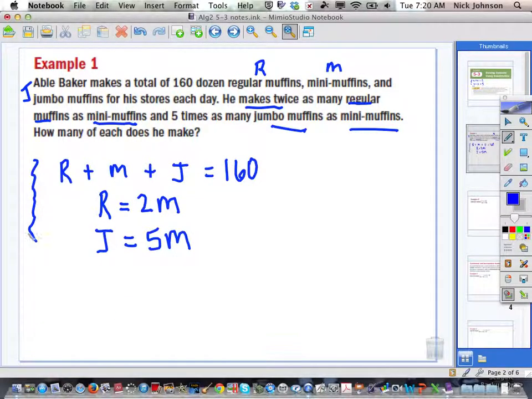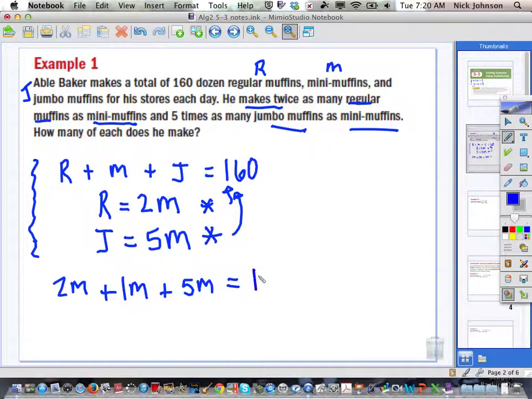So I'm going to substitute these 2 equations into the first one. So R, what's R? R is 2M, plus M, I still have that, that's 1M, plus J, which is 5M, equals 160.